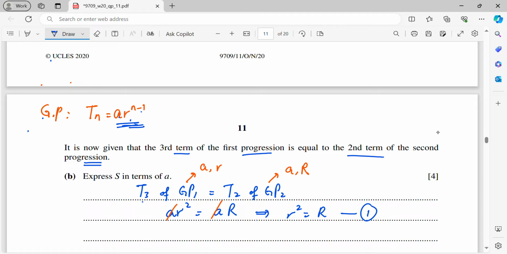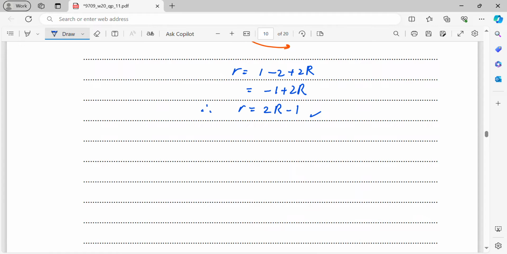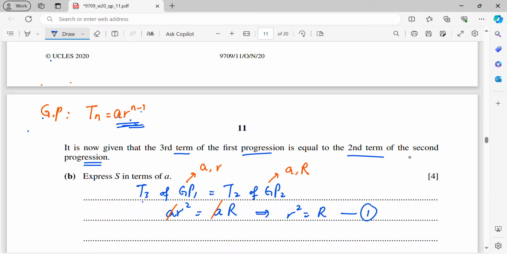Okay, now we need to get S in terms of A. From the second equation, we have found here r equals 2 capital R minus 1.